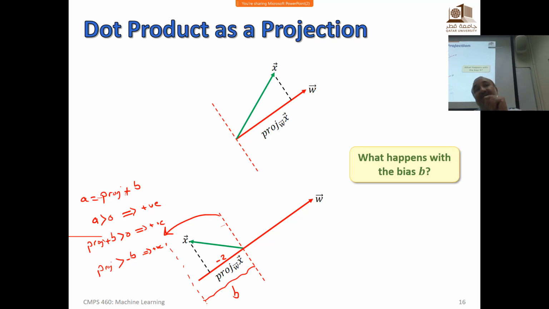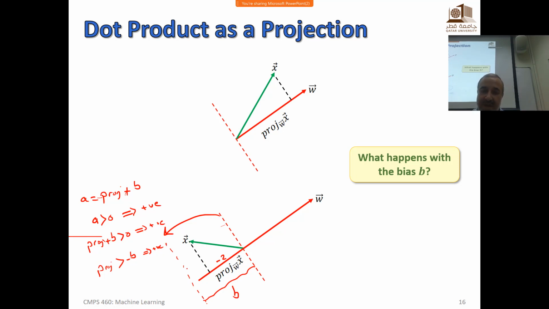So it was projection greater than 0. Now it is projection greater than minus B. So we are adding more possibility for the points to be positive. So we are pushing the decision boundary to the negative side. Okay, that was negative side actually.